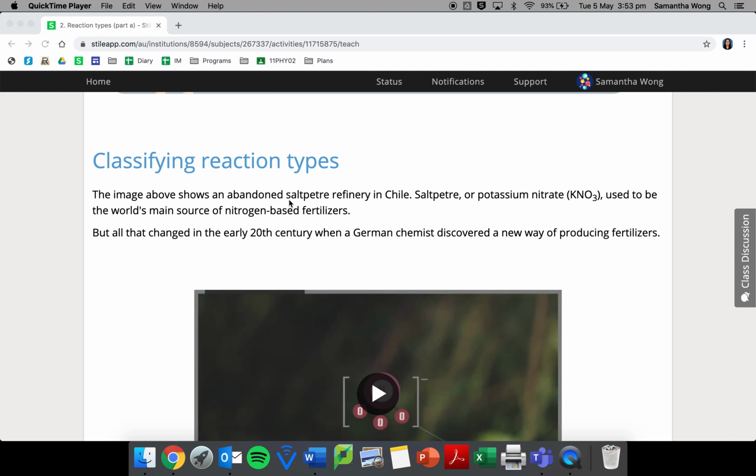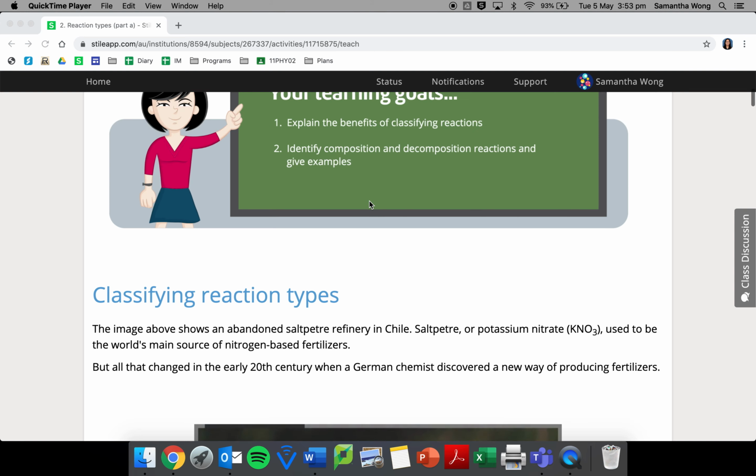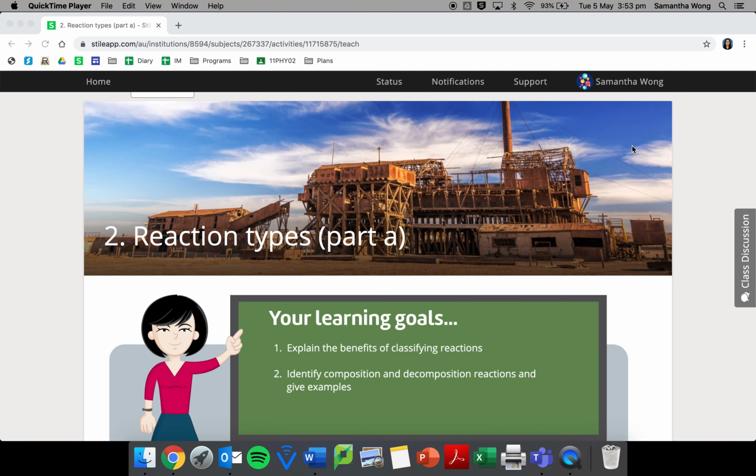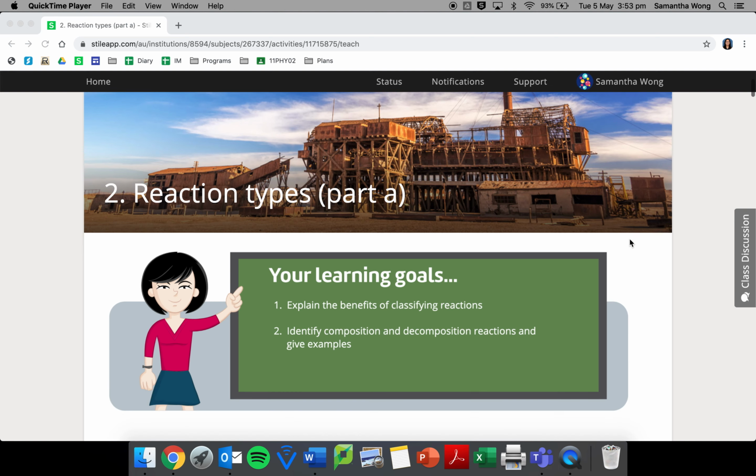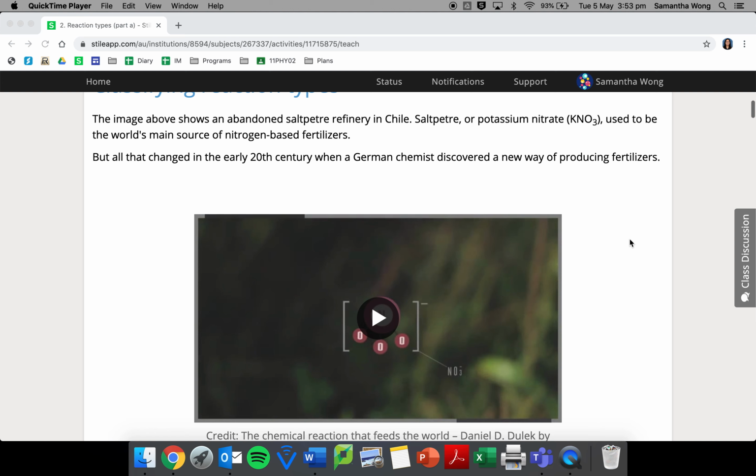So that abandoned saltpeter refinery that's mentioned there is just this image up the top here. You can see it's looking a bit old, so because it is abandoned, it's no longer in use or occupied ever since an alternate method of producing potassium nitrate was generated.